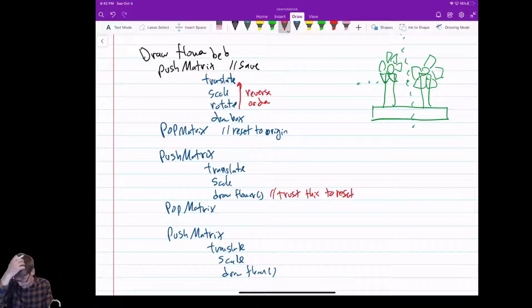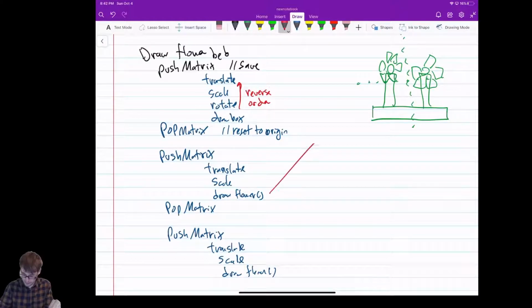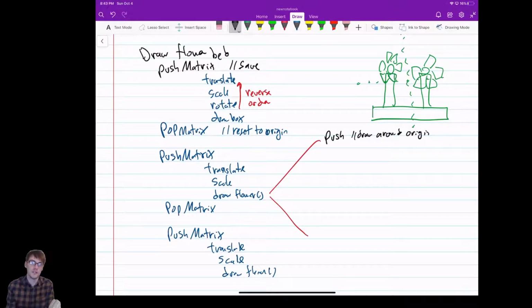And while I'm at it, I'm going to break this out and say, look, if we look inside draw flower, it does the same thing. The first thing it does is it pushes the matrix, right? It saves it. And it's assuming it's drawing around its own origin. Of course it's not, because we've modified the matrix ahead of it, but it doesn't know that. It doesn't need to. We draw the stem, right? Then we translate. We draw the center, so we modify the matrix all the way. But we don't care.